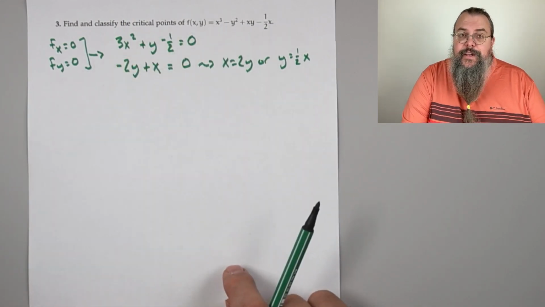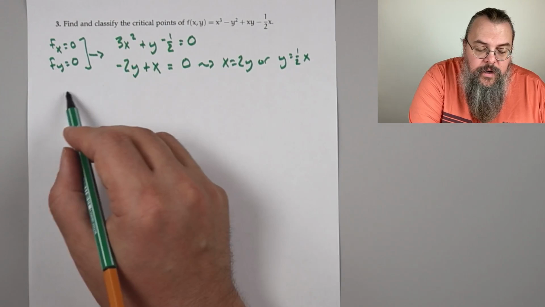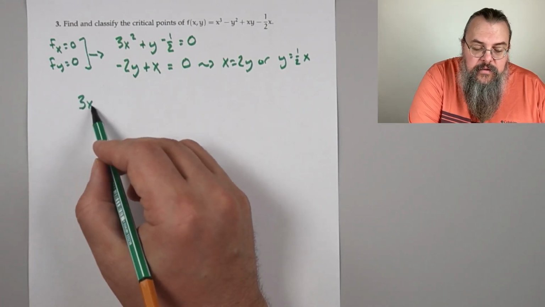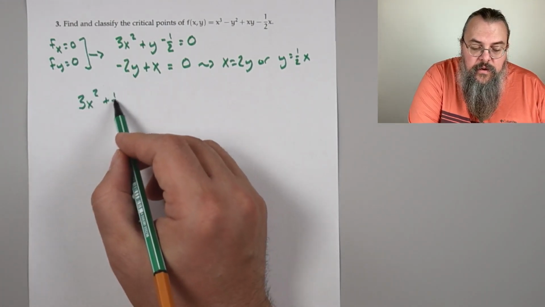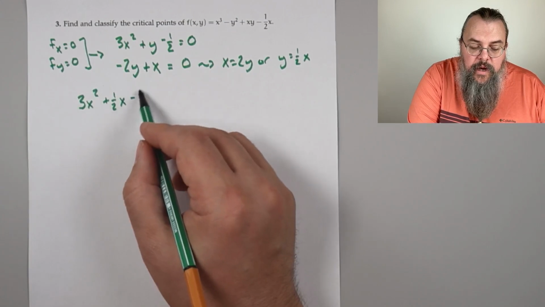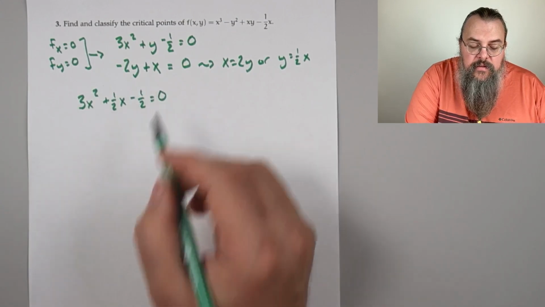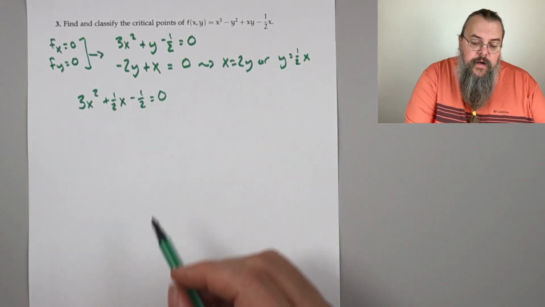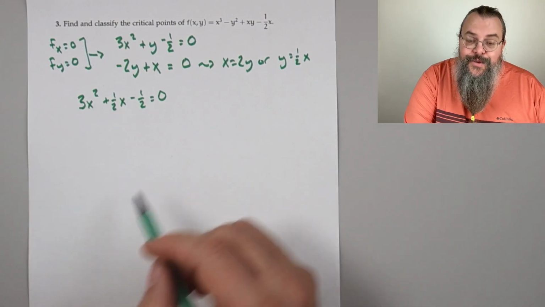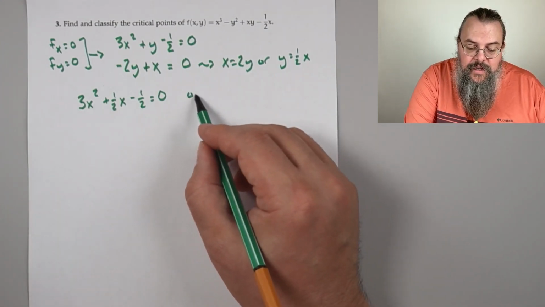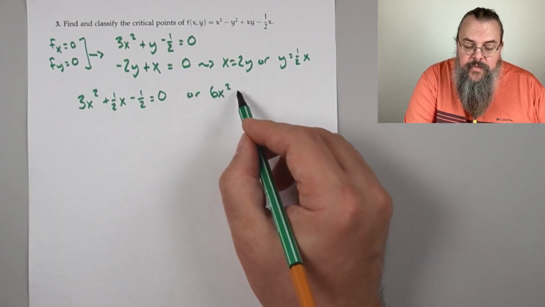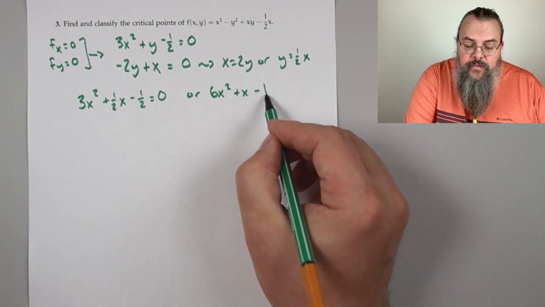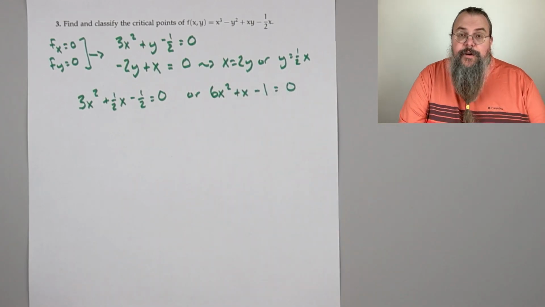We'll get to a quadratic. So what do we have? 3x squared plus 1/2 x minus 1/2 is equal to 0. All right, if we multiply through by 2, that would say 6x squared plus x minus 1 equals 0.